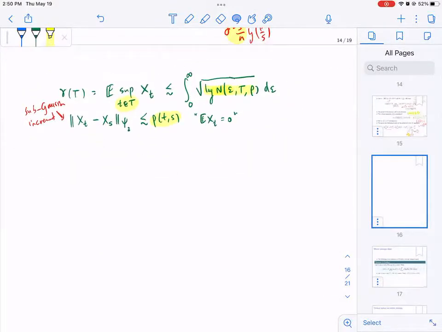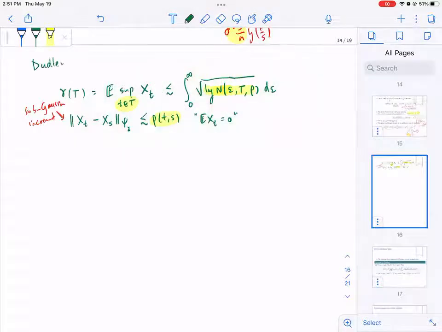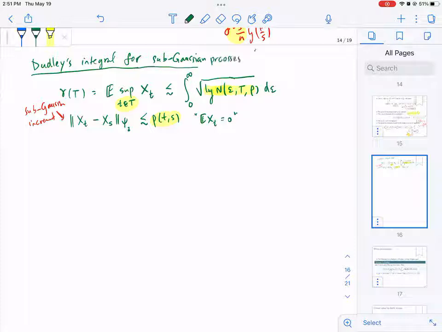So that's the general Dudley's integral for Gaussian processes, sometimes called a process with sub-Gaussian increments.